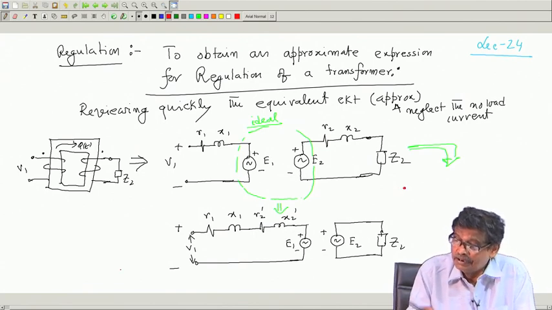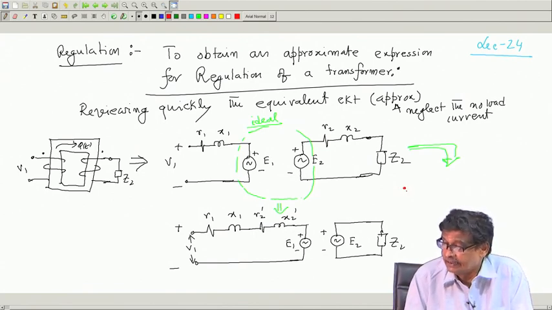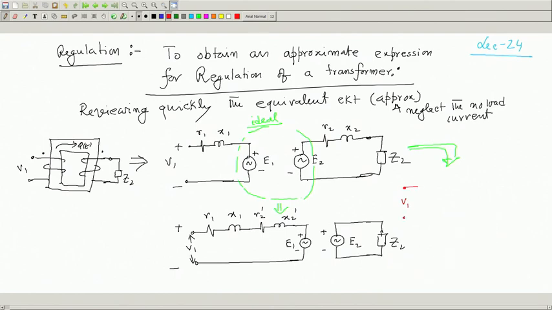You can show all the impedance on the other side, that is, here it is V1, here only you show E1, you pretend this is your E1, this part is your ideal, and here is another source E2, plus minus.